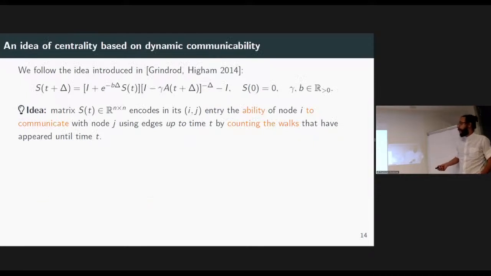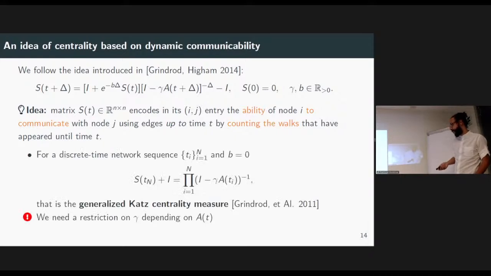And the idea, from the Grindrod and Higham paper of 2014, is to find a matrix that encodes this information. The idea is always that of counting the walks that appear until a certain time. So if you write it down, it's just the counting of these walks.